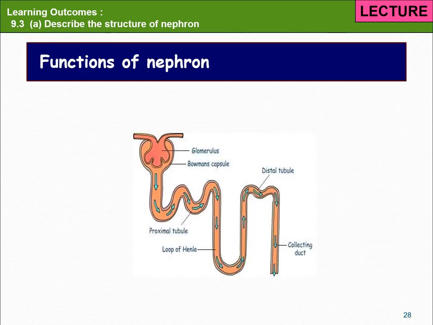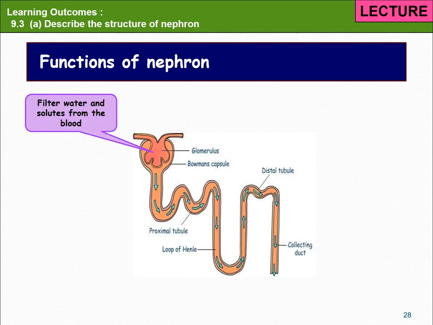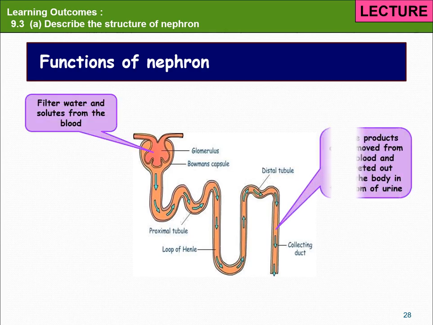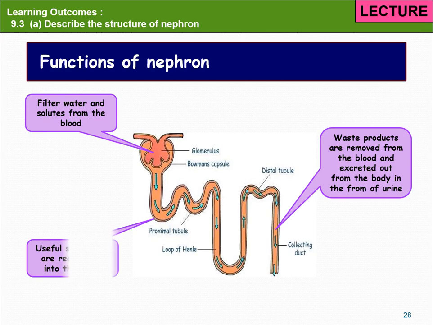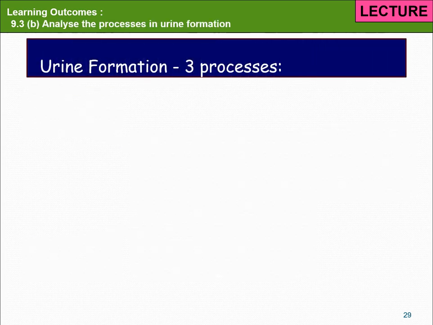Now let's look at the function of the nephron. The nephron will filter water and solutes from the blood, and also removes waste products from the body in the form of urine, and also causes the reabsorption of useful substances. In urine formation, there are three processes involved.